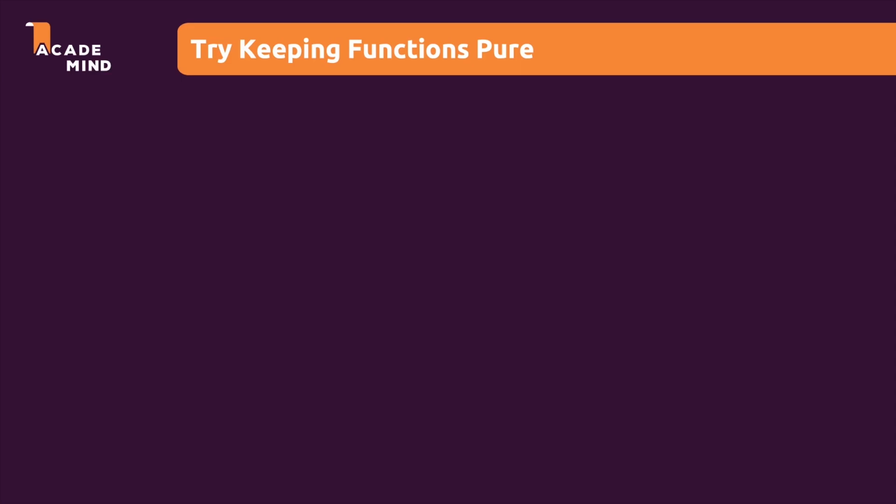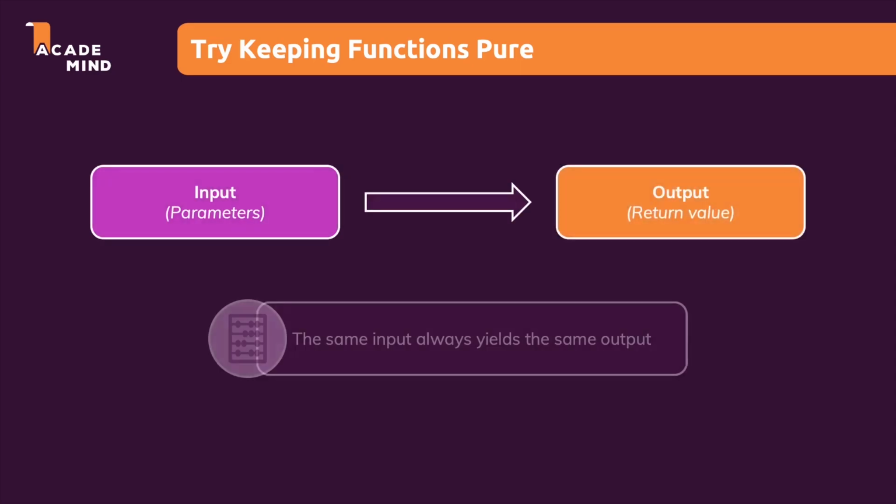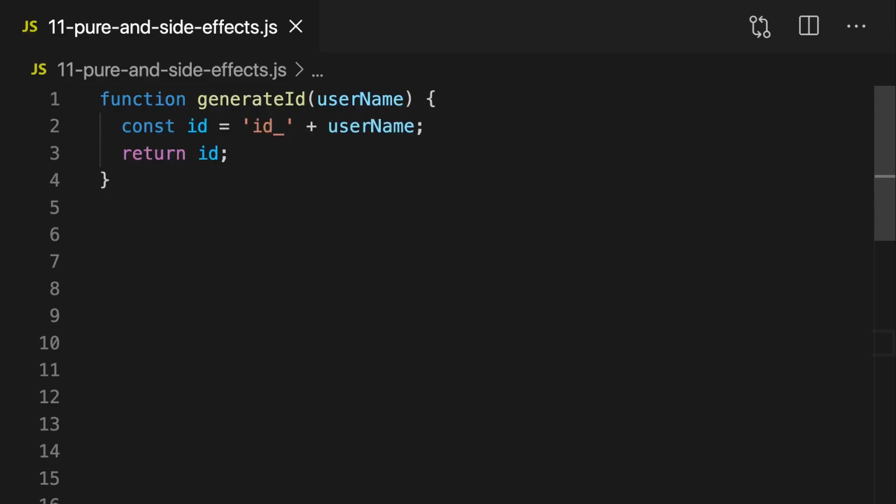What is a pure function? A pure function is simply a function which, for the same inputs, generates the same output. So for the same input parameter values, you always get back the same output. And this here would be a simple example, this generateID function.